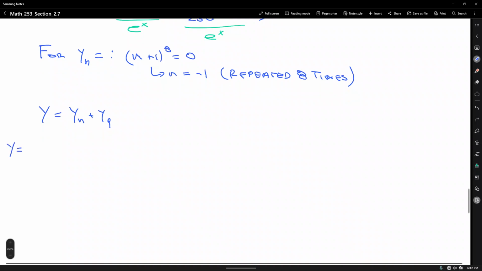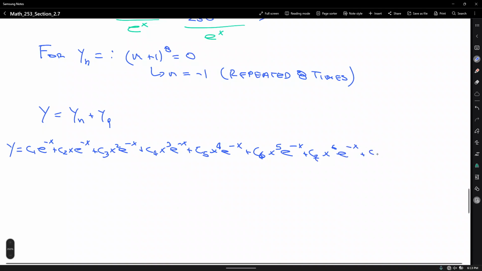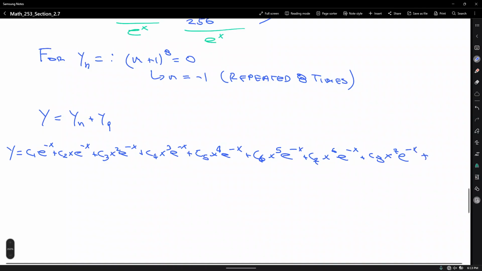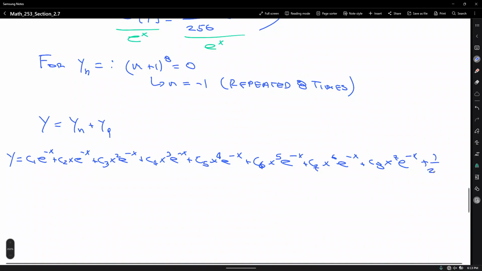So y equals c1 e to the negative x plus c2 x e to the negative x plus c3 x squared e to the negative x plus c4 x cubed e to the negative x plus c5 x to the fourth e to the negative x plus c6 x to the fifth e to the negative x plus c7 x to the 6 e to the negative x plus c8 x to the 7 e to the negative x plus the particular solution, which is 1 over 256 e to the 2x.